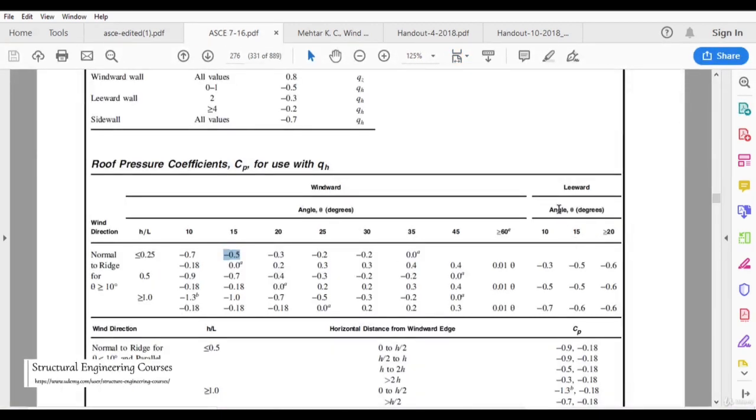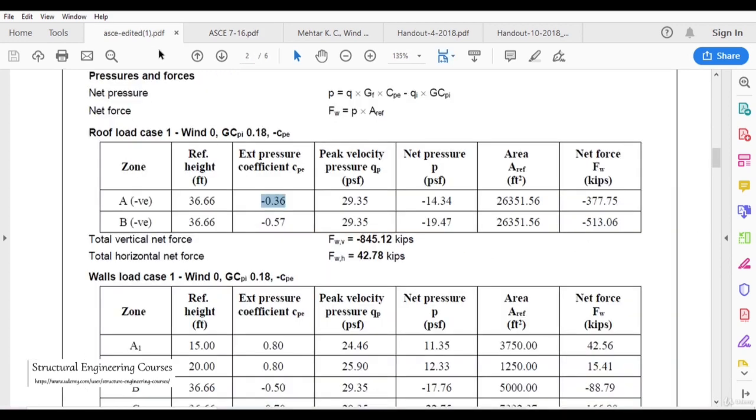Similarly for the leeward face, that is this arrangement here, it should come between minus 0.5 and minus 0.6 by interpolation. So this comes out to be minus 0.57. Similarly we need to multiply peak velocity pressure, and thereby we can calculate the net pressure.